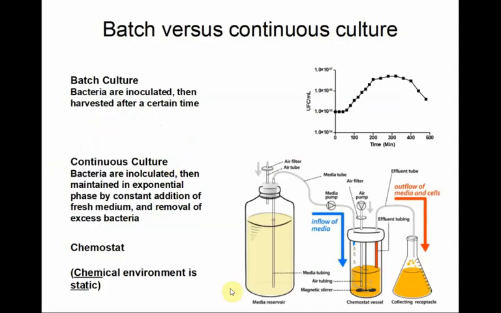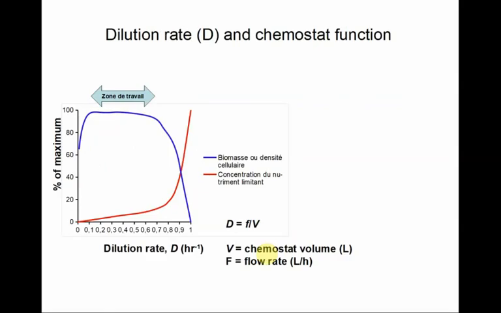So if we look at the setup again, if the dilution rate is too fast, you'll be getting rid of all these bacteria too quickly, faster than they can replace themselves by growth. So in the end, if your flow rate is too high, then you get much less production of biomass.